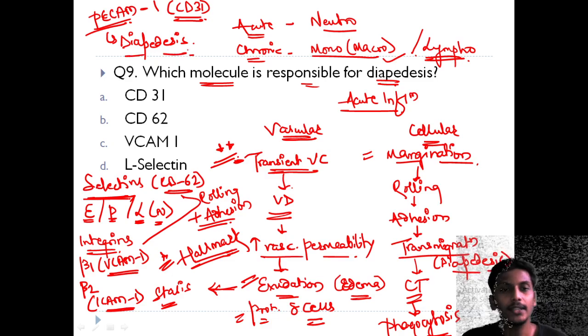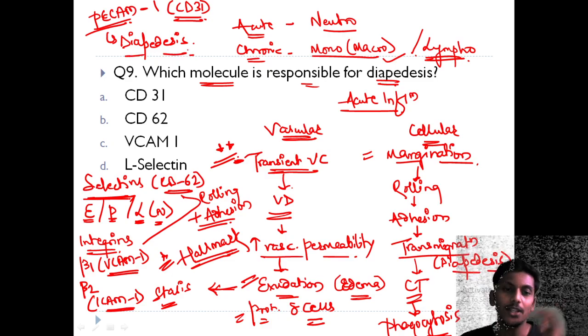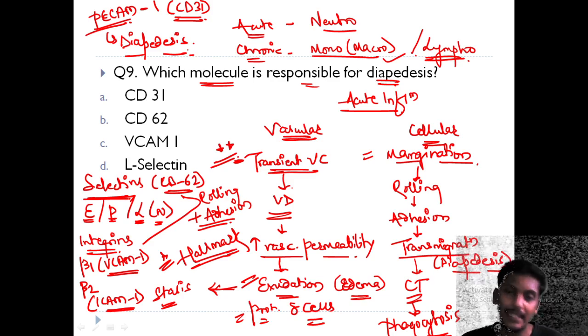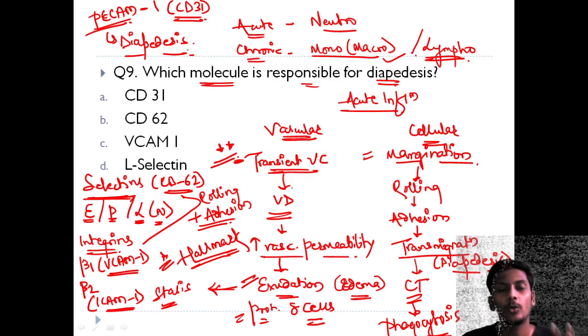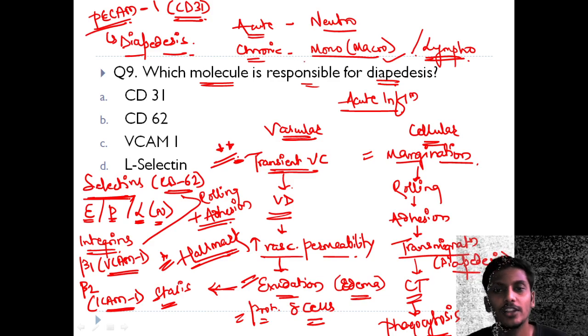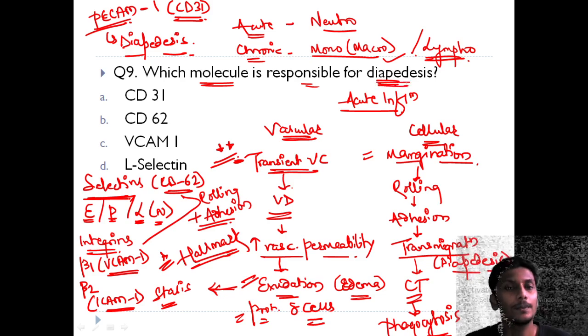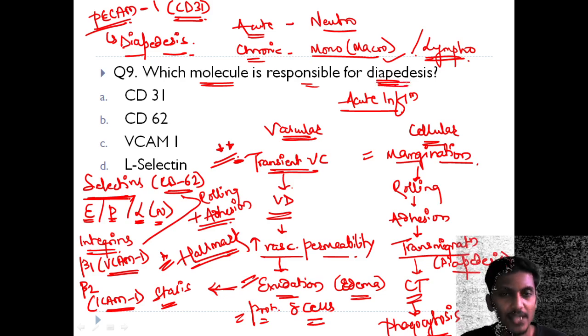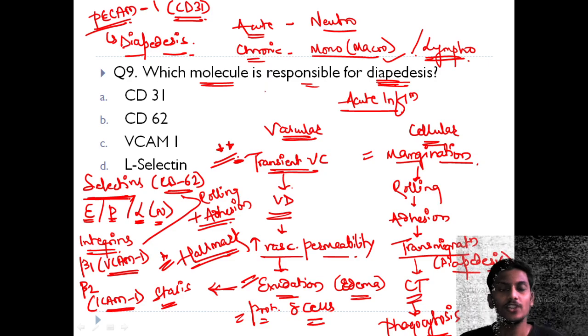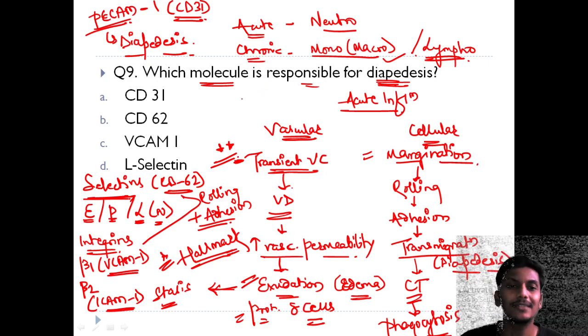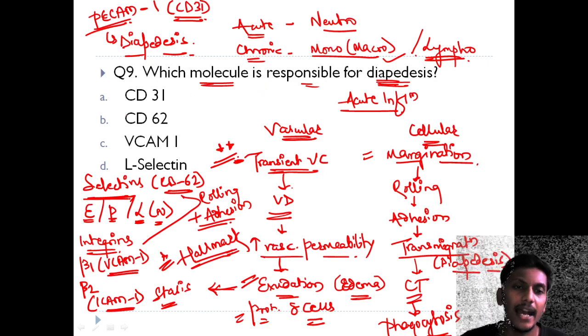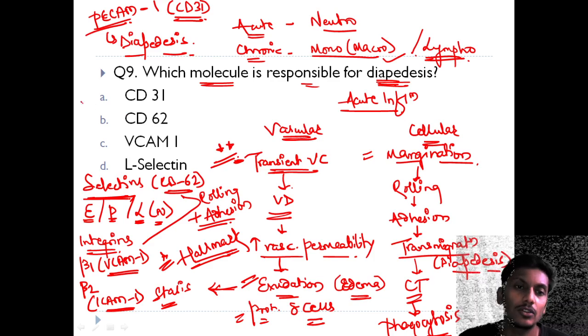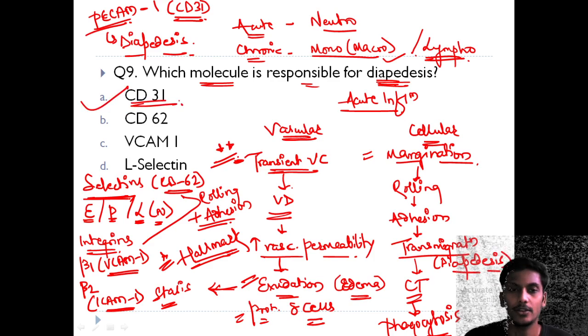Now you know, these are the three important ones that you need to know: selectins, integrins, and PECAM1. So over here, what is the question? Which molecule is responsible for diapedesis? PECAM1, also known as CD31, is responsible for diapedesis or transmigration. So option A, CD31, is your right answer over here.